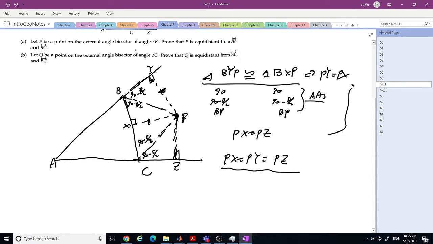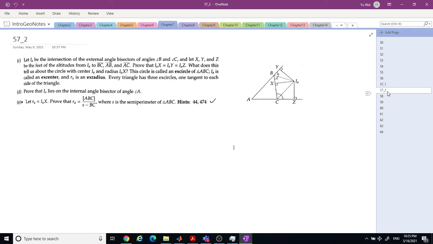So that's why we proved the P has equal distance to the AB extension, BC, and the AC extension. Okay. Let's see, this is the RA. Okay. So in the next half of this problem, we will also use this picture.